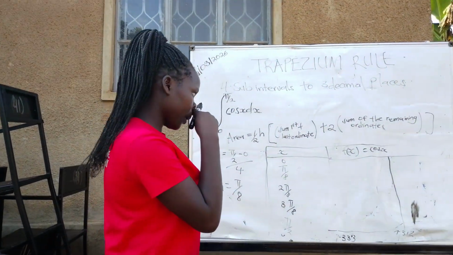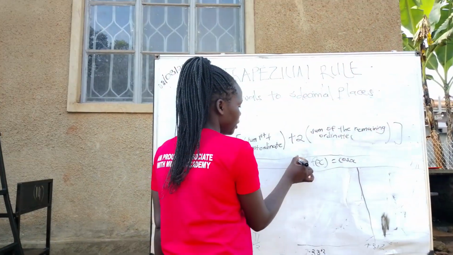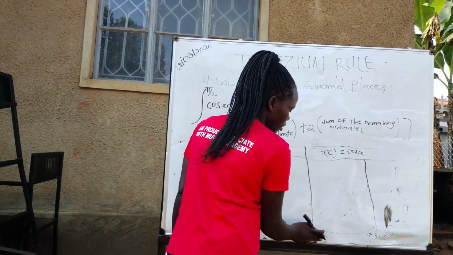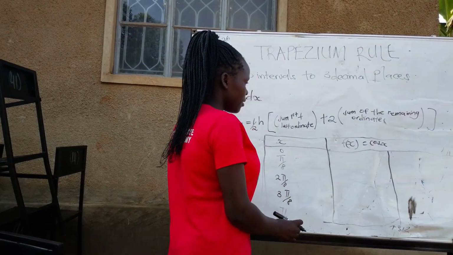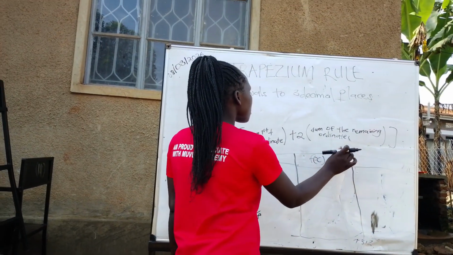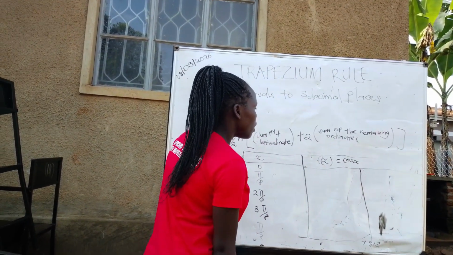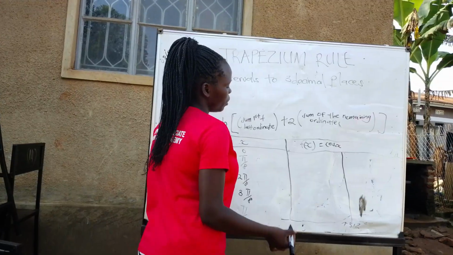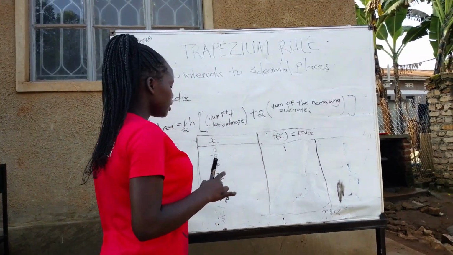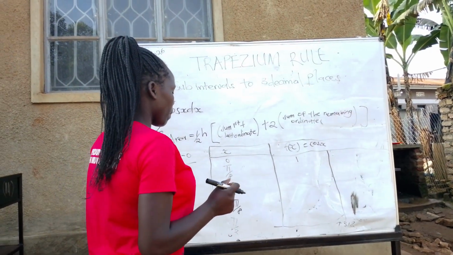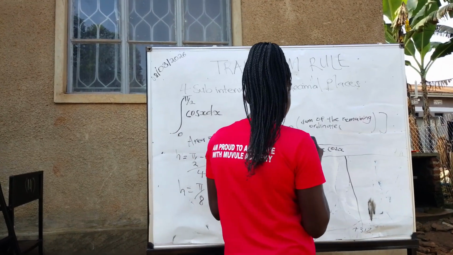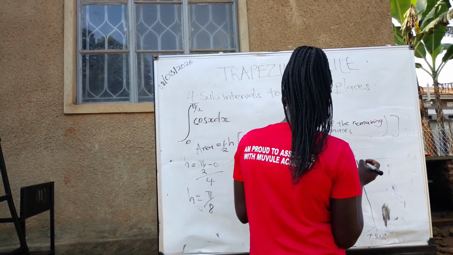And we are going to get our values of f of x. Our first value is cos 0, which is 1. The second one is cos pi over 8, which is 0.924.